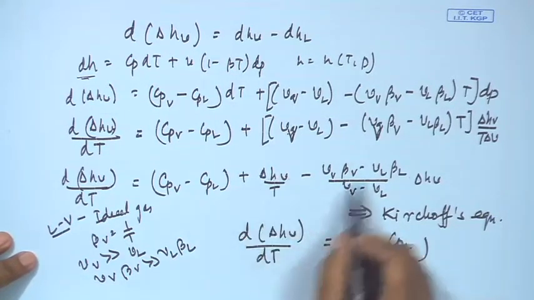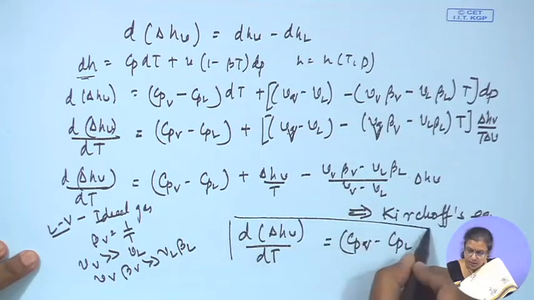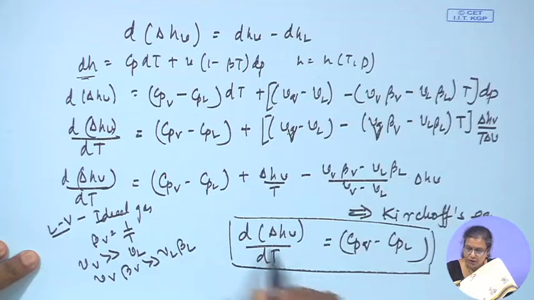The other terms are going to cancel off. So this particular equation gives us the variation of latent heat of vaporization with temperature.